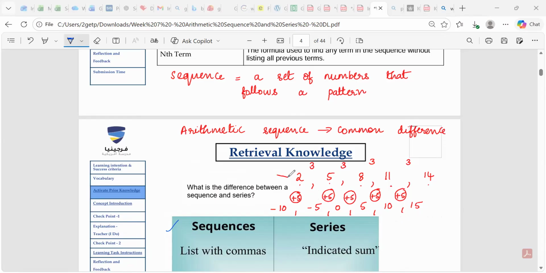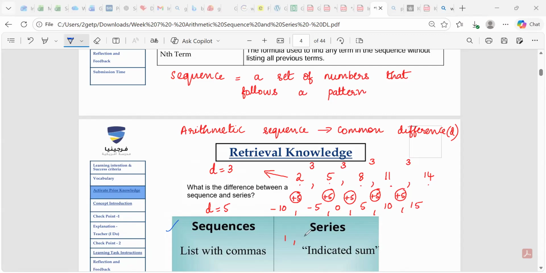So in the first example, the common difference is represented by the letter D. So the common difference D is 3. In the second example, the common difference D is 5. So if you have a common difference, then that particular sequence is called arithmetic sequence.